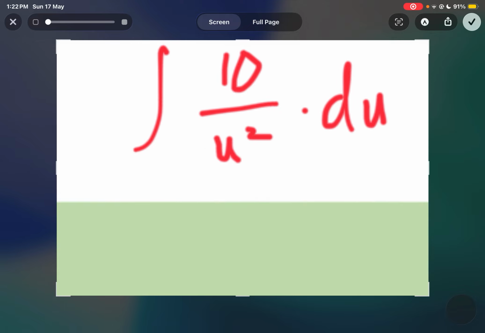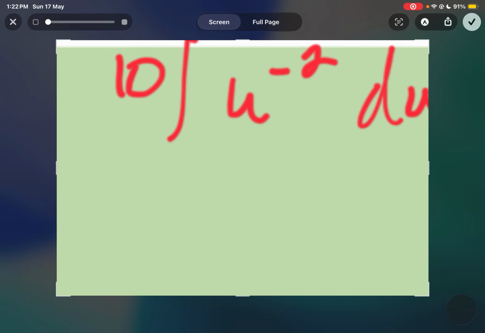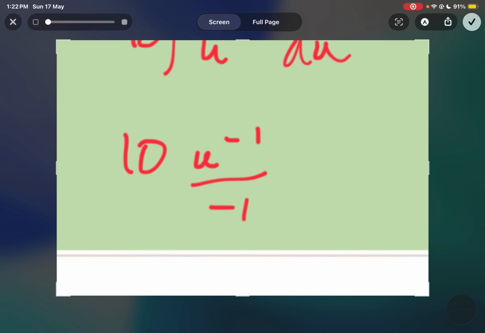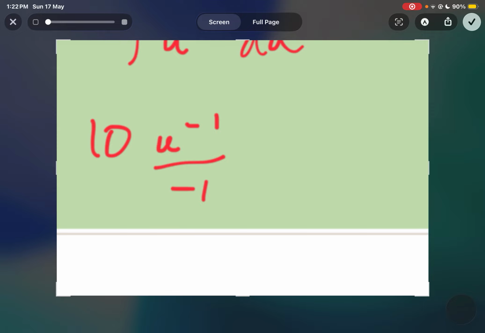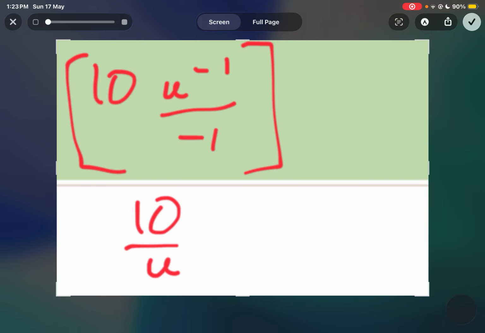We take 10 as a constant outside, so 10 integral of u to the negative 2 du. And then the integral of this will become 10 of u to the minus 1 over minus 1. And why minus 1? Because it will be minus 2 plus 1. And then here it will become like this, okay? So here, if you move the u down, and then the 10, it will be minus 10 over u.